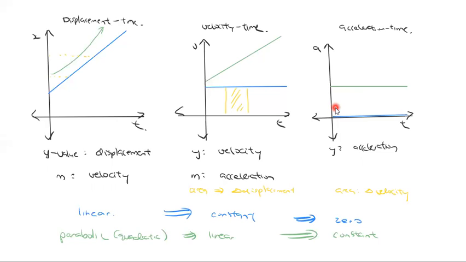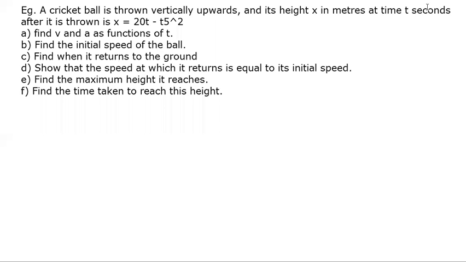All right, so let me quickly do an example question, and I will leave you to do the rest for homework. As I had mentioned, you'll only be able to do questions for functions you can derive at the moment. It's 5t squared, so x equals 20t minus 5t squared.